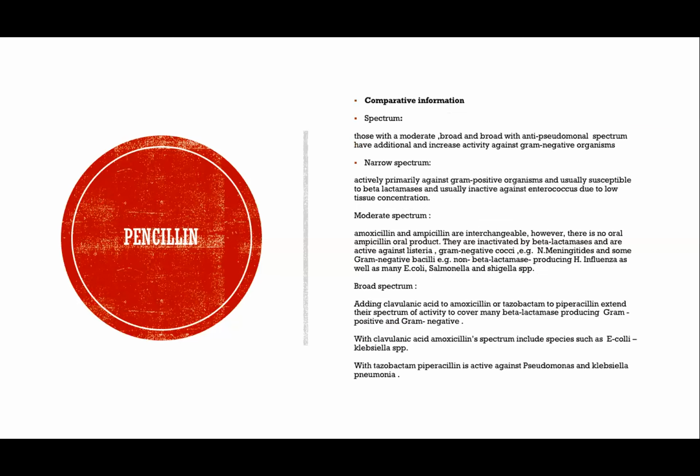When we speak about comparative information on the spectrum, those with moderate and broad spectrum with anti-pseudomonal activity have additional and increased activity against gram-negatives. The narrow spectrum is active primarily against gram-positive organisms, usually susceptible to beta-lactamases, and usually inactive against enterococcus due to low tissue concentration.